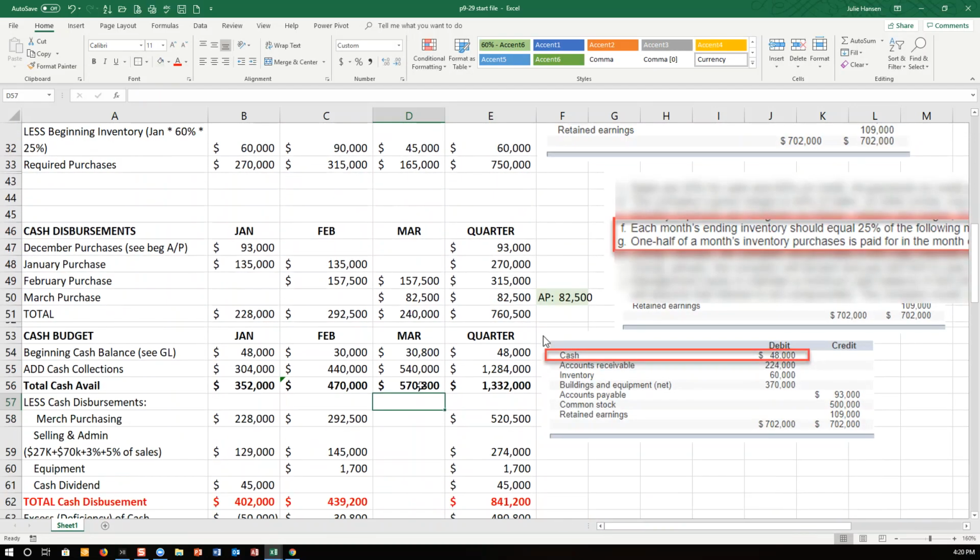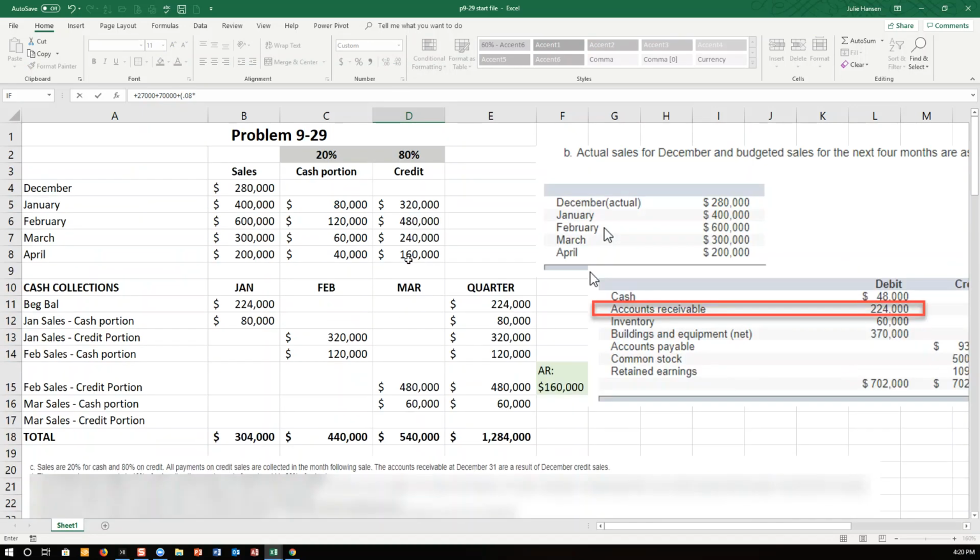My merchandise purchases are now going to be the $240 for March. My selling and administrative again are going to be the $27,000 plus the $70,000 plus 8% of my March sales. If I come back up here, there's my March sales.